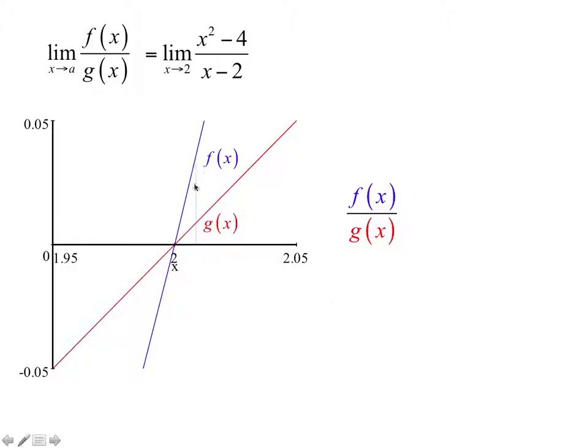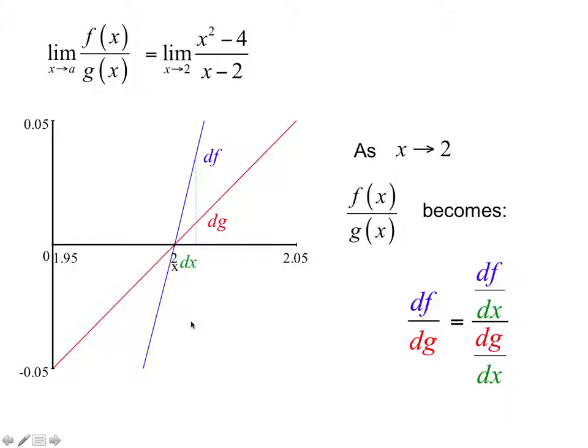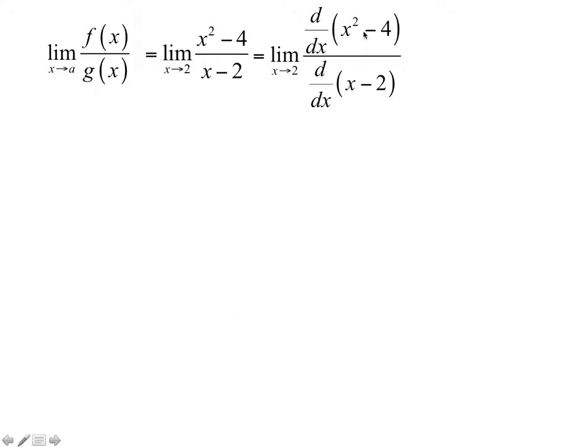So if we take this ratio of f of x over g of x, somewhere close to 2, we see f of x is pretty tall, g of x is pretty small, and we can see that it's the same as taking the derivative of the top and the derivative of the bottom, which ends up being 4.